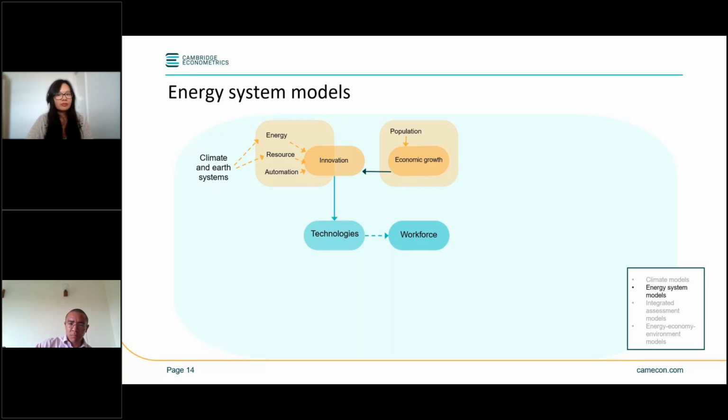Energy system models are similar to climate models in the way that they usually also look at cost-minimizing ways of delivering a long-term target.